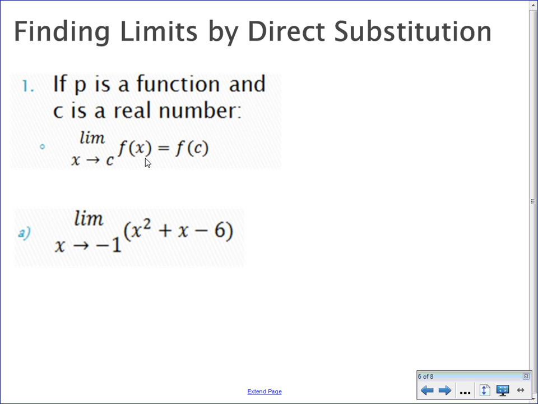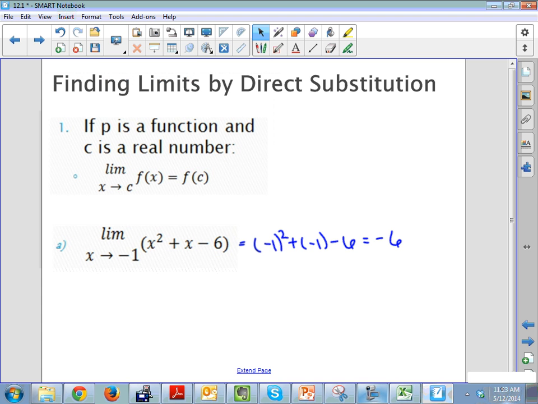Here we have the limit as x approaches -1 of x squared plus x minus 6. This is a polynomial, so we can use direct substitution. What is that value? Let's look at the graph.